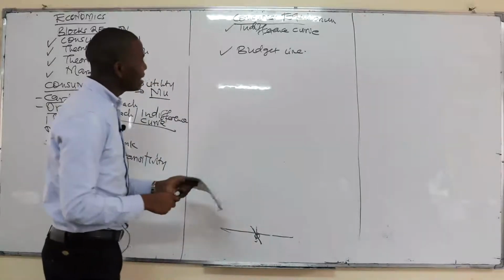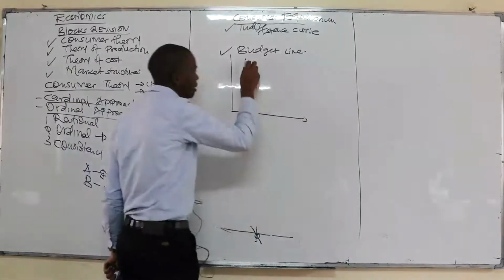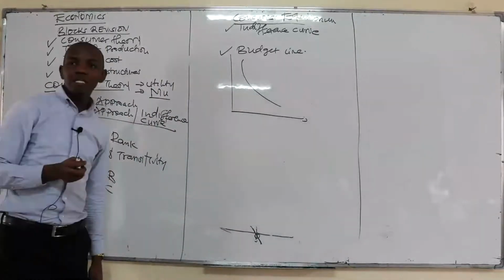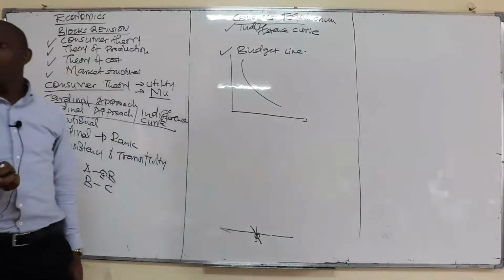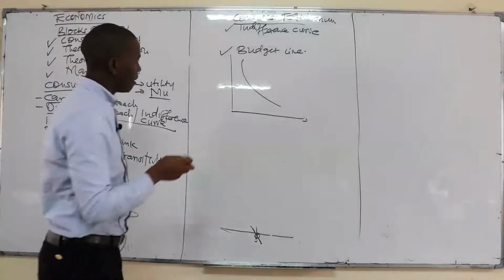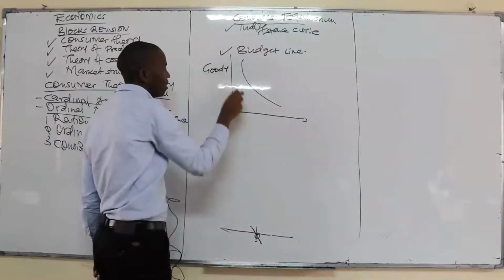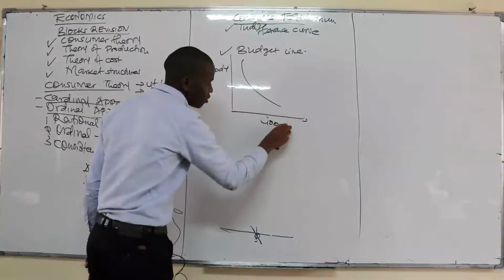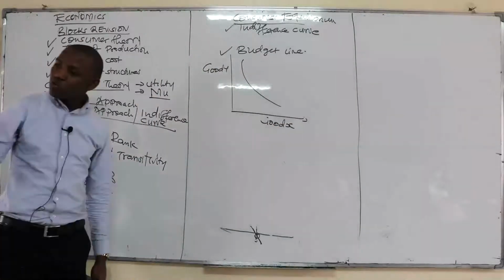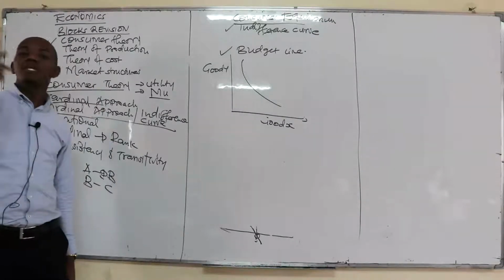So in this case, when we talk about the indifference curve, even if you go to the isoquant, you will see we draw something that looks like this. It is supposed to be convex to the origin. And therefore, in this case, I will have good Y. Remember, you must be consuming two goods so that you may yield the same utility.